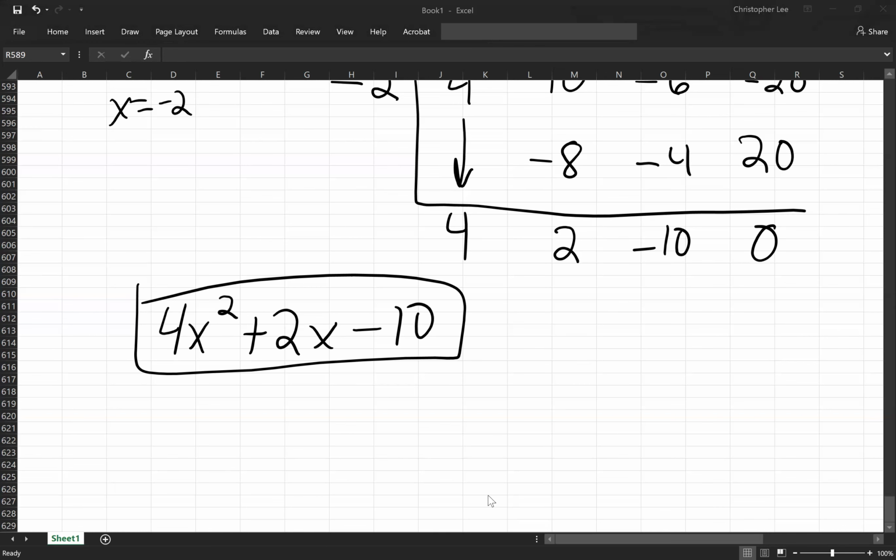Bring down the first number, multiply, add the answer in the space of the next coefficient, and just add and do it over until you can't do it no more.